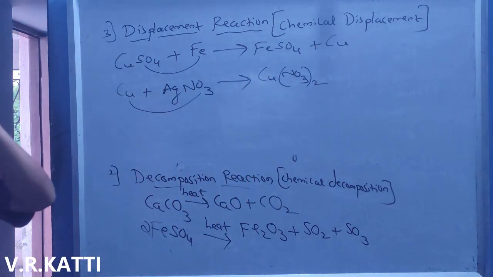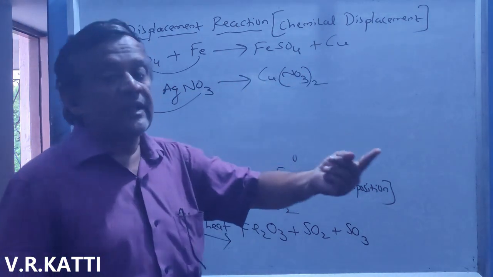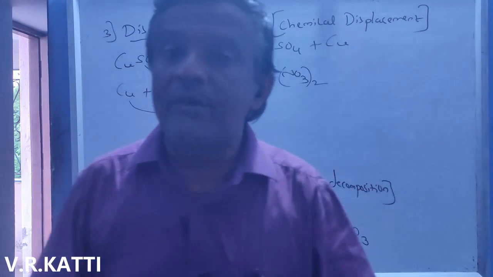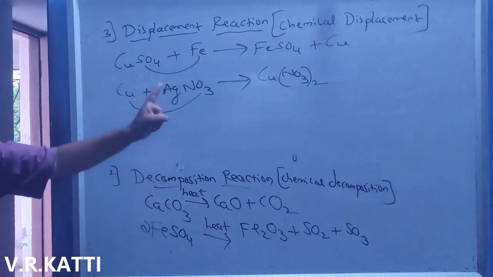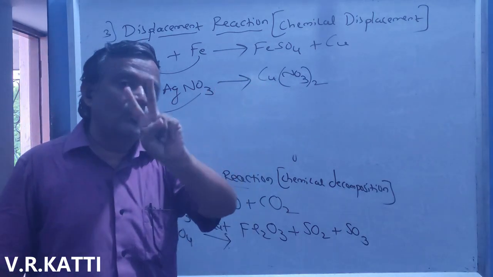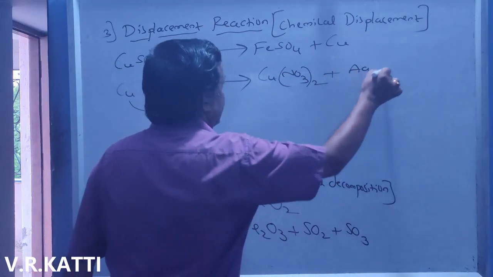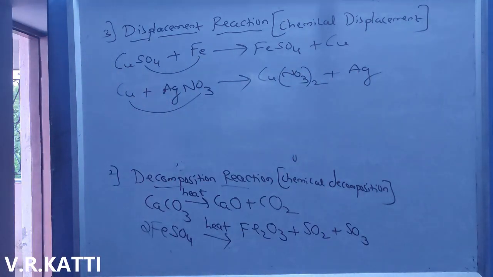Valency of copper is 2, that is why it is Cu(NO3)2, copper nitrate. Plus Ag, silver.